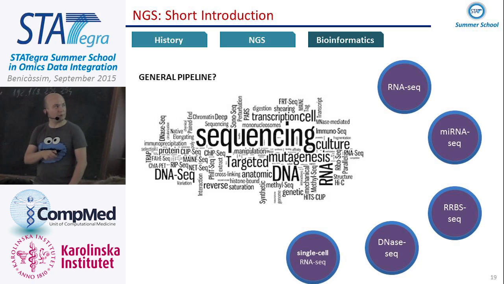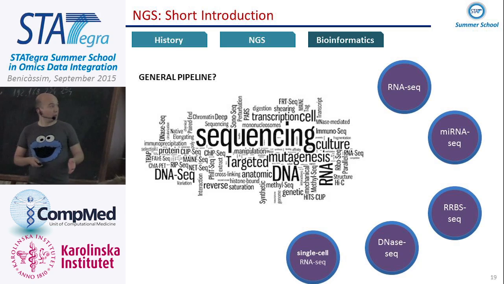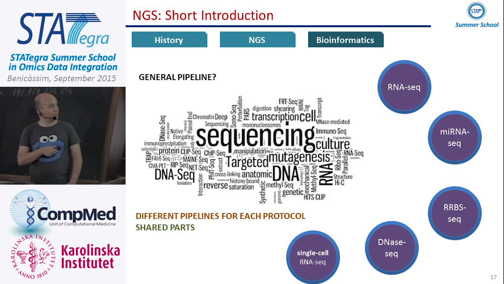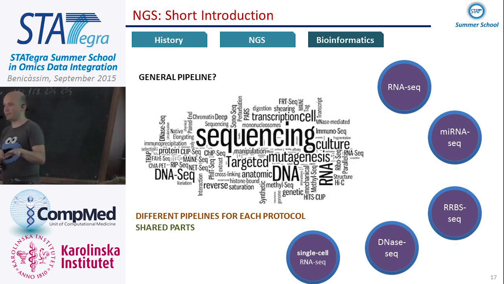Those are the ones that we will talk about here for NGS, and there is no single pipeline. Everyone has specific things. There are different pipelines for each one of those protocols, but there are shared parts. Shared parts that we can think about, such as quality and other aspects, and those shared parts I am going to discuss before I go into the RNA-seq.